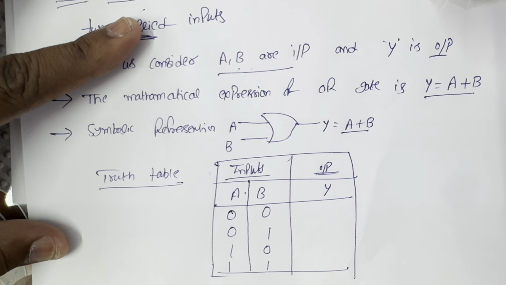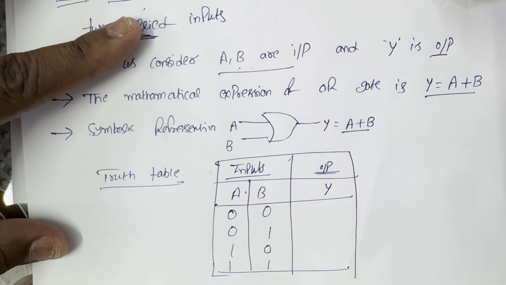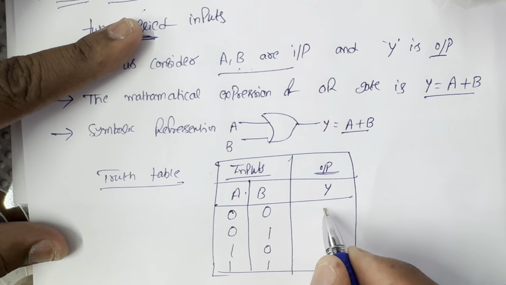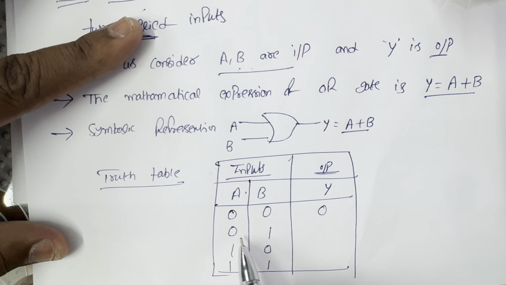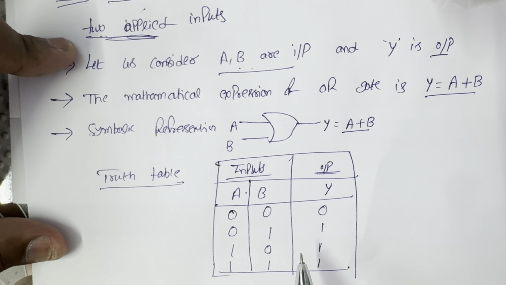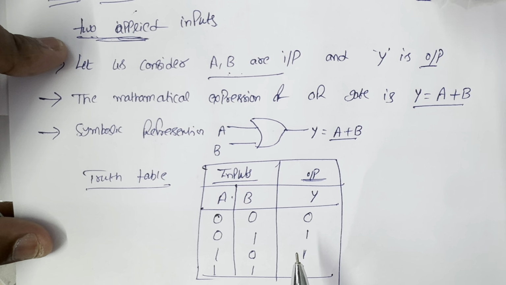Y is obtained when we add A plus B. So 0 plus 0 is 0, 0 plus 1 is 1, 1 plus 0 is 1, 1 plus 1 is 1. Like this, we have the truth table for the OR gate. This is regarding the basic gates only.